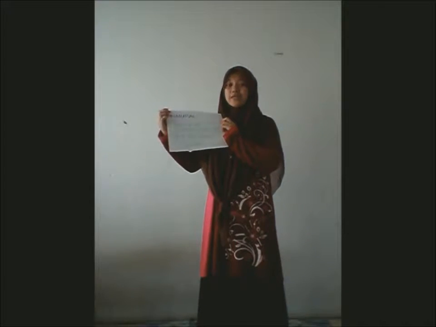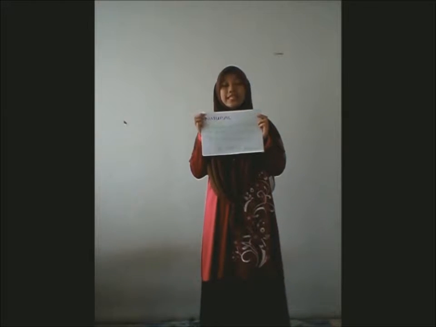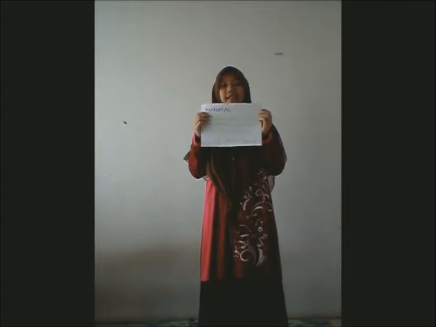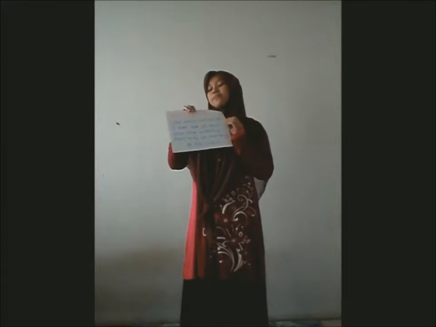Firstly is natural sweetener. Natural sweetener is a substance used to improve the palatability and shelf life of food products. Examples of natural sweeteners are honey and stevia. Secondly is artificial sweetener.